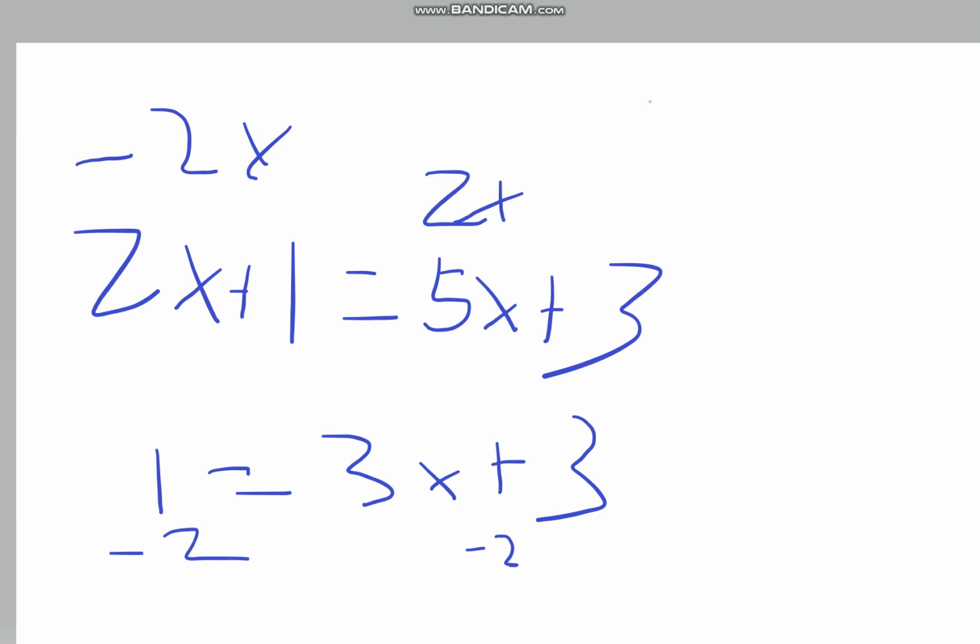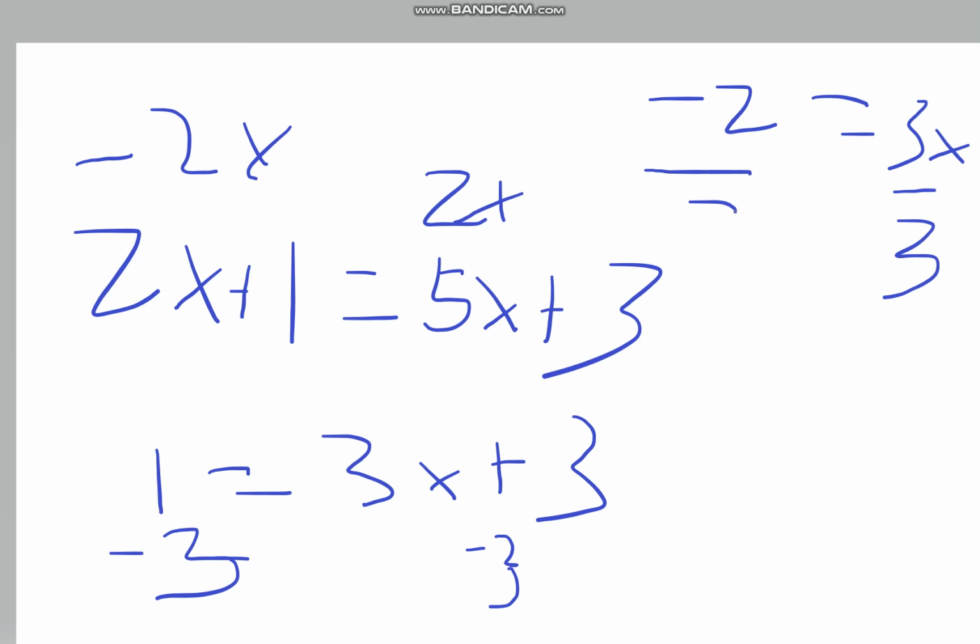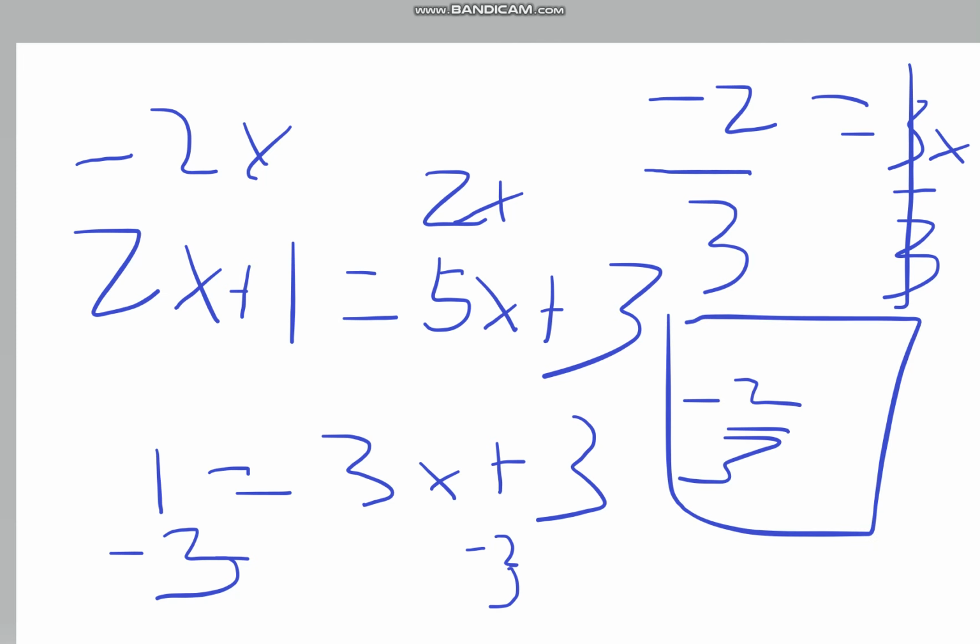Now I got 2 equals 3. No, my mistake. Subtract 3 from both sides. Now we got negative 2 equals 3x. What? It doesn't divide. It doesn't matter. I have to just simplify x in its simplest form. Cross this out. x equals negative 2 over 3. Boom. That's how you find x.